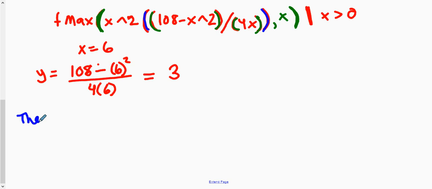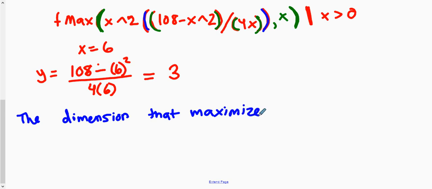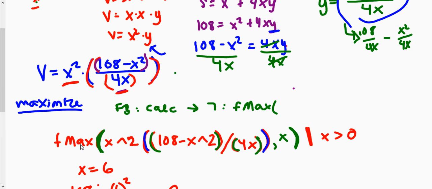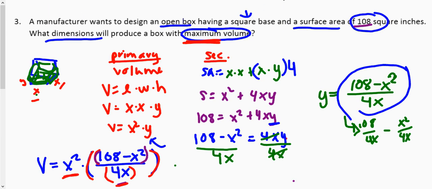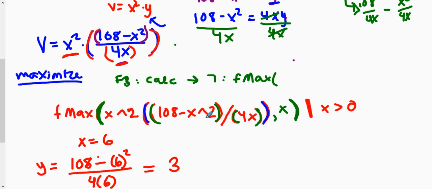So our answer is we need to answer this question. They're asking us about the dimensions. So the dimensions that maximize volume are 6, and they gave us measurements in inches.